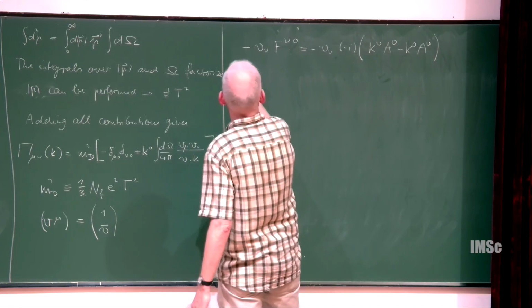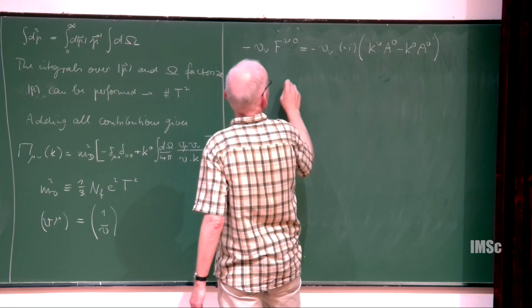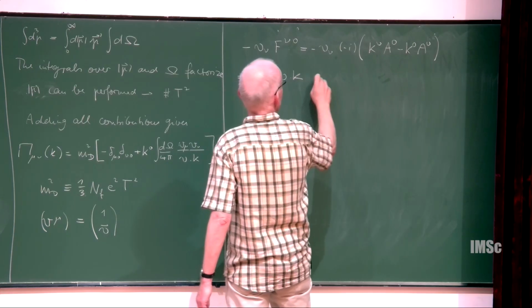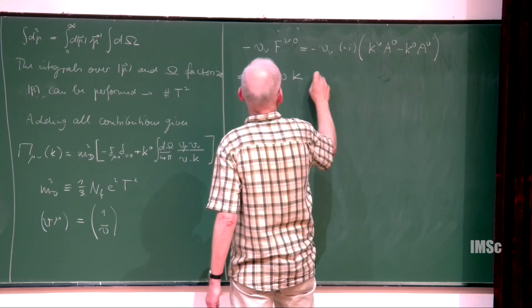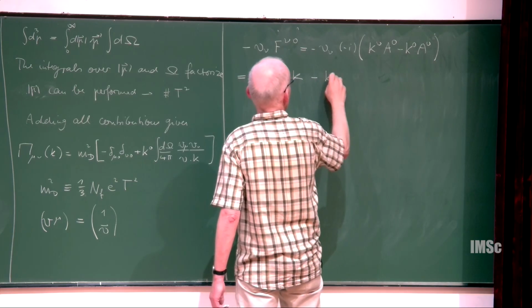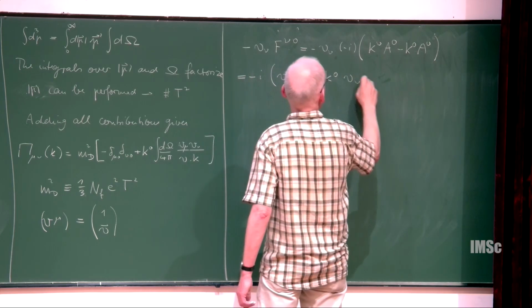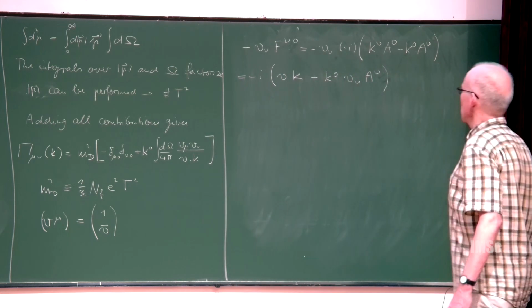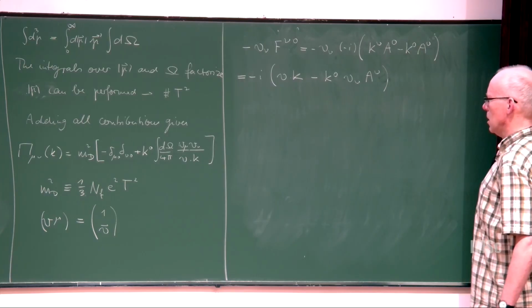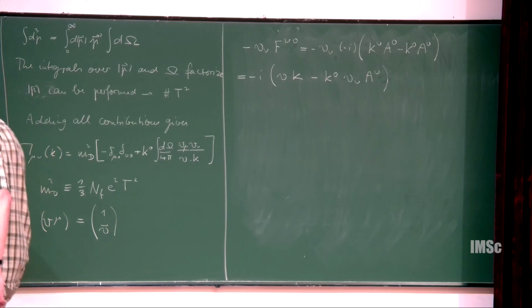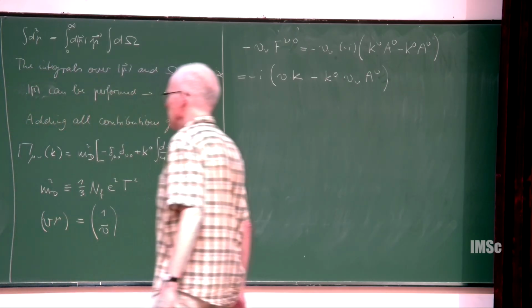So I have here minus i times v·k, and then minus k^0 v_ν A^ν. So that we should insert into this expression, into the integral.